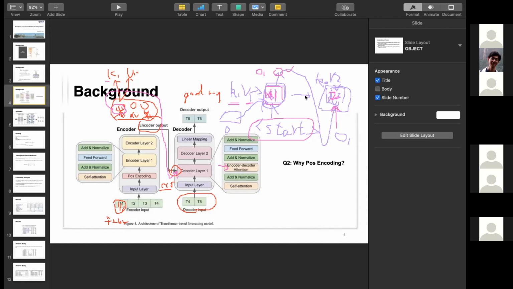We know KiVi will give information to all the decoder neurons, but we need to know what neuron 0 gives to neuron 1. I think neuron 0 does not provide any information to position 1. The only information it can provide is K1 V1. That's my understanding. But this is different because neuron 2 has the information from neuron 1.